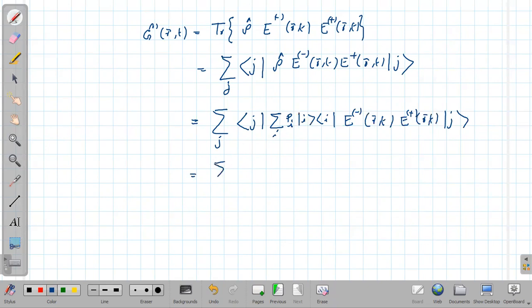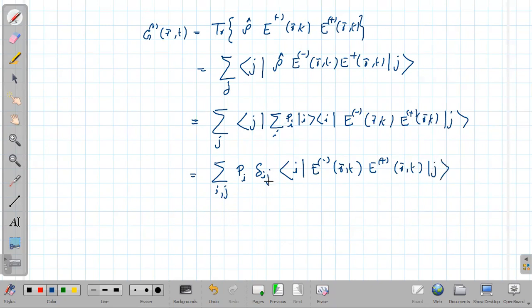So it becomes sum over i,j, p_i, delta_ij, inner product <i|E minus of (r,t), E plus of (r,t)|j>.